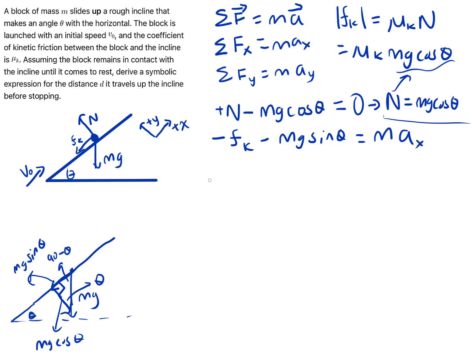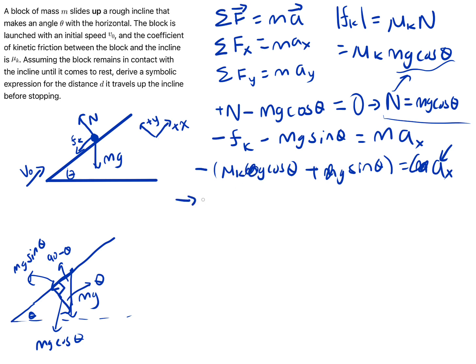With that, we can simplify it. I'm going to pull out this negative sign: negative mu k mg cosine of theta, plus mg sine theta, equals m times acceleration in the x direction. Now we want to solve for this acceleration so that we can use it in the kinematic equations later. All of these m's cancel out.